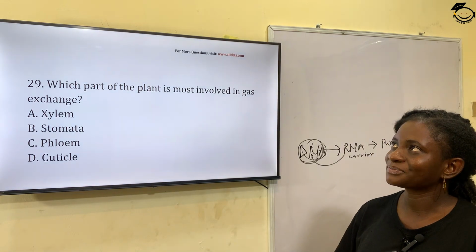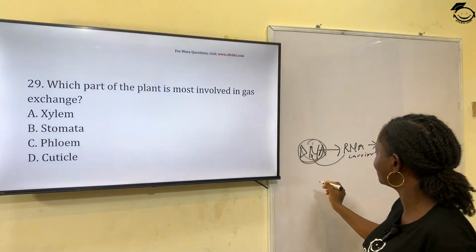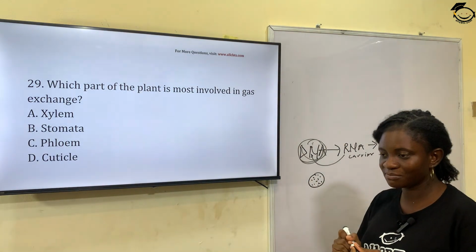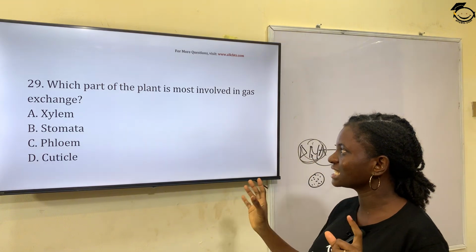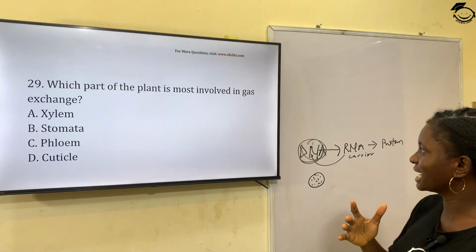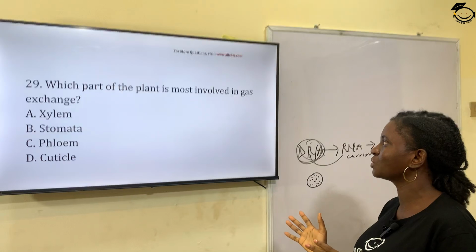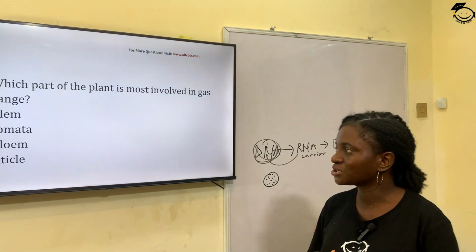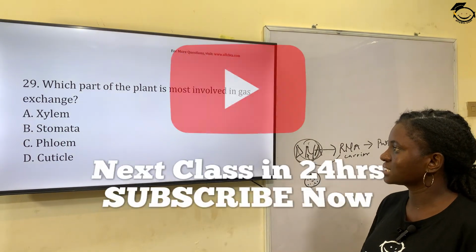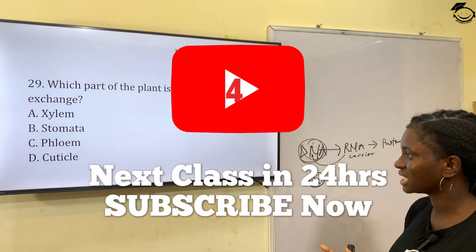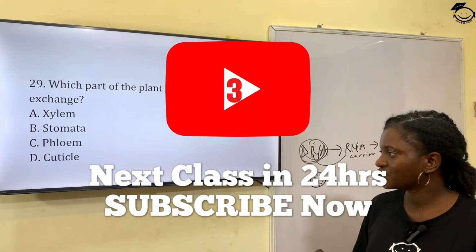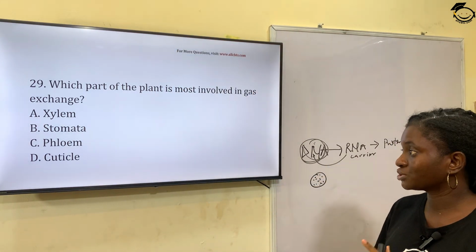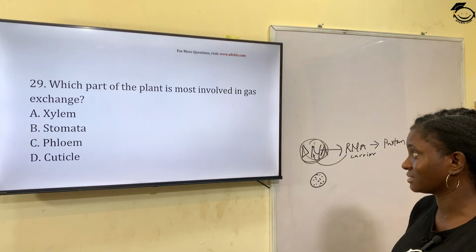It has tiny openings, mainly under the leaf, where air can be released, so it's involved in gas exchange, while the others are not: xylem is involved in water transport, and phloem in fluid transport. Option B, stomata, is the correct answer.